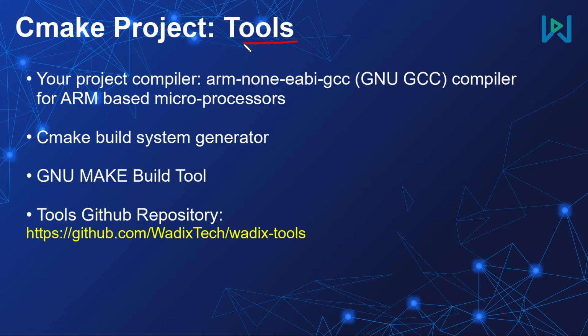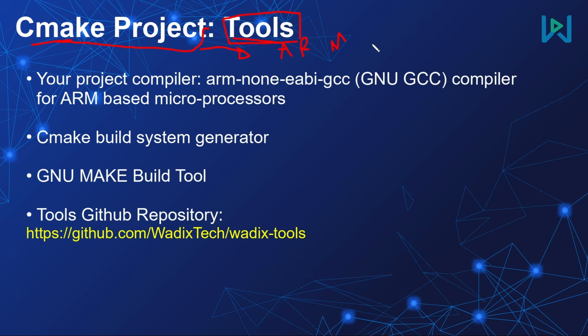Now, to be able to start building our first CMake based project, we'll need a set of tools to allow generating our makefile backend build files, as well as compiling and generating the final binary. Our CMake based project is an embedded system one that is targeting an ARM based architecture.